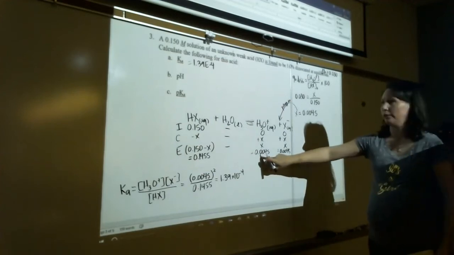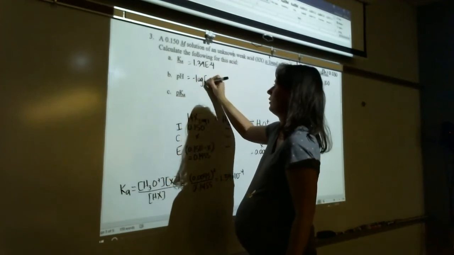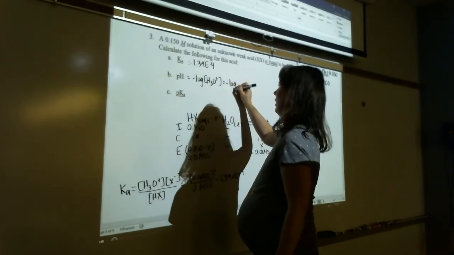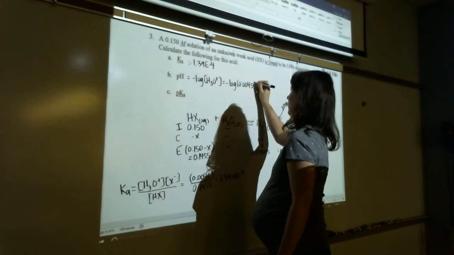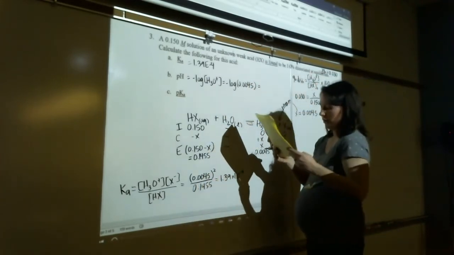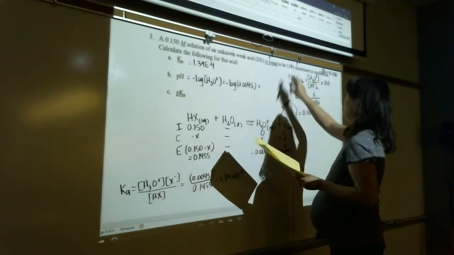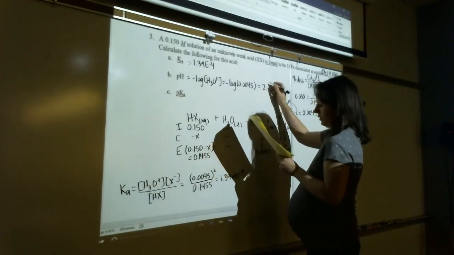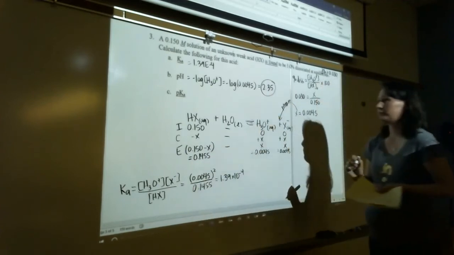pH would just be negative log of H3O plus. So negative log of 0.0045. All right, I got, let's see, how many sig figs are we dealing with here? 2. So our answer would be 2.35, 2 decimal places.